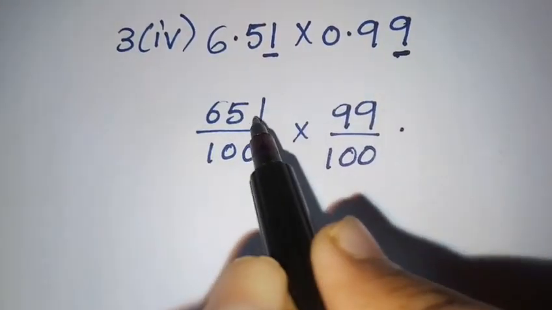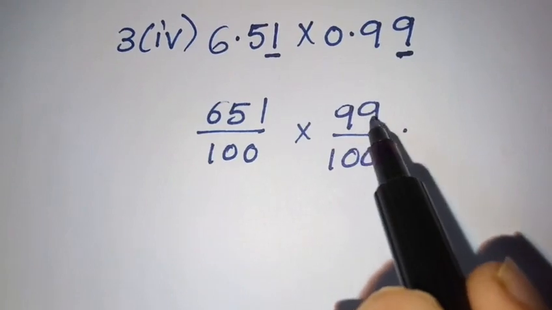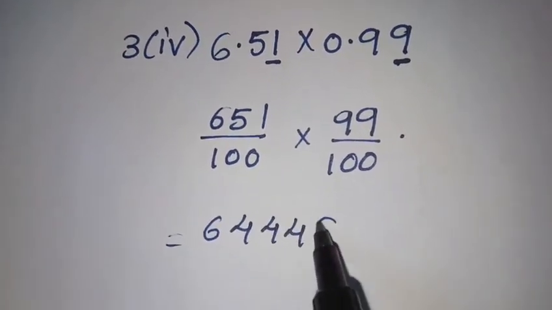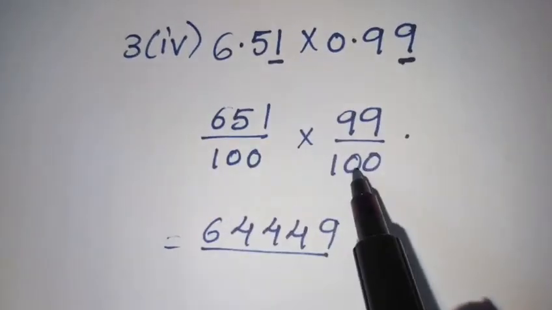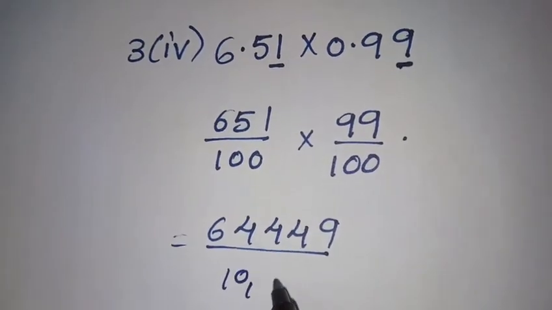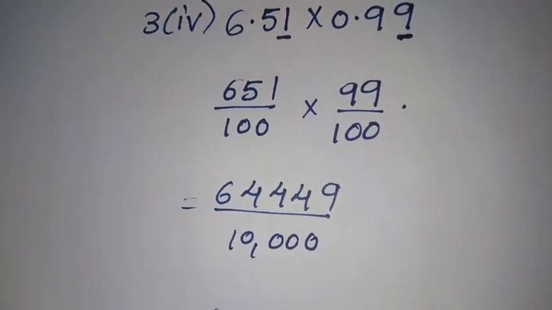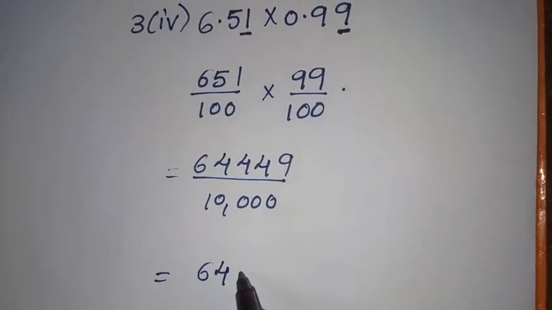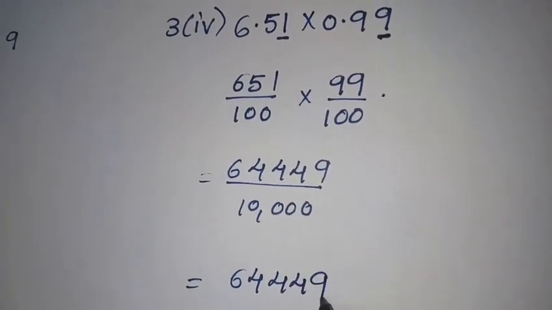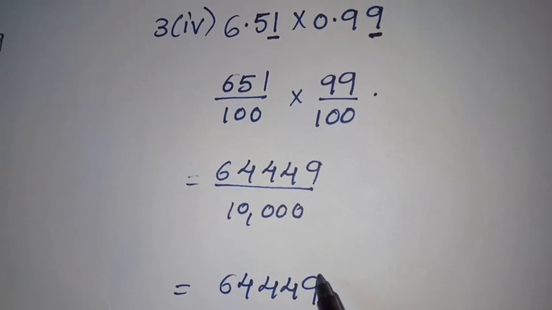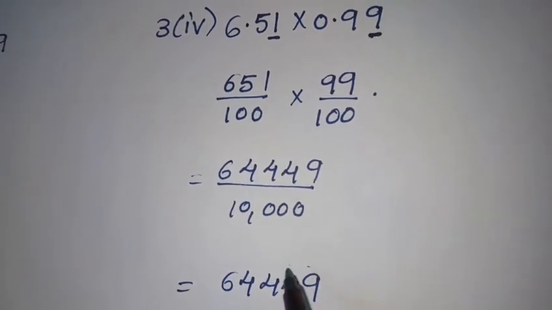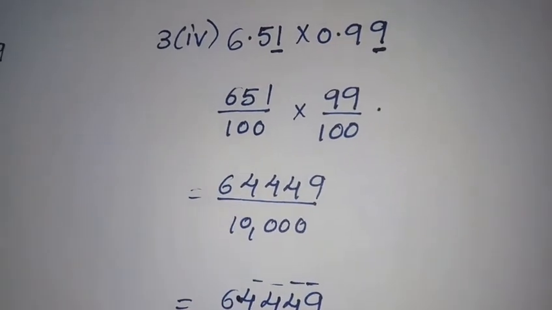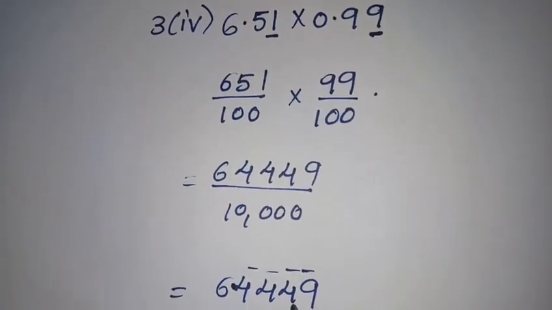Multiply numerator into numerator, 651 into 99, you will get 64449, divided by 100 into 100, you will get 10,000. Observe in the denominator, in 10,000 the number of zeros is 4. So in the numerator 64449, from the right side move 4 digits to the left side, 1, 2, 3, 4. So before 4 digits place a point. So our final answer is 6.4449.